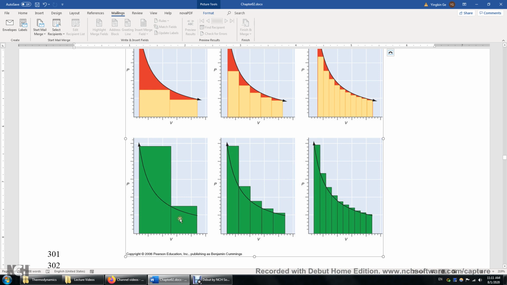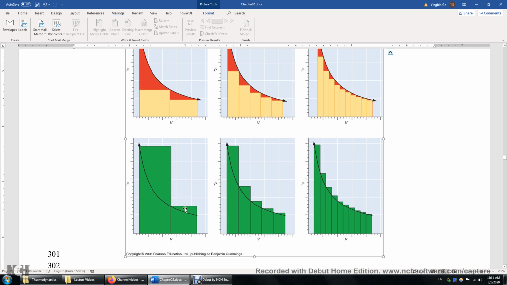That's a two-step process. In this two-step irreversible process, you can see the total amount of work is greater than the reversible work. By how much? By this area plus this area. So again, it's just the area of these two green bars minus the area under the PV equals nRT curve.